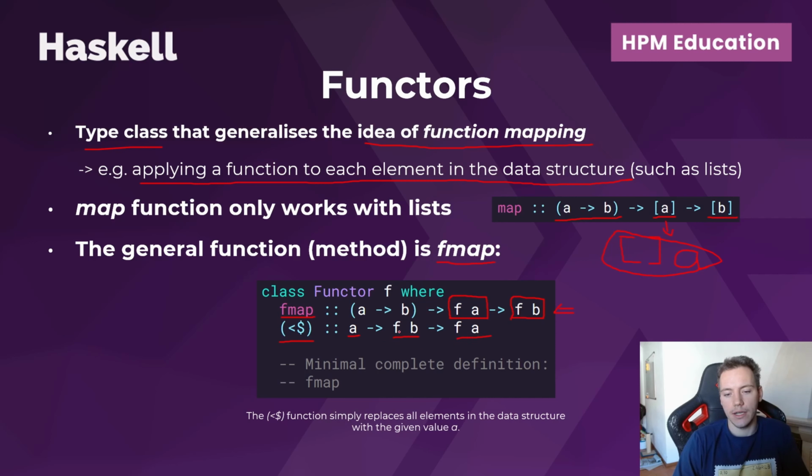So again, a data structure of f of b's becomes a data structure of f of a's, where each value is equal to the given value at the start. The minimum complete definition is fmap. So fmap is really the most important function that we care about when talking about functors, and that's the general idea of the functor class.